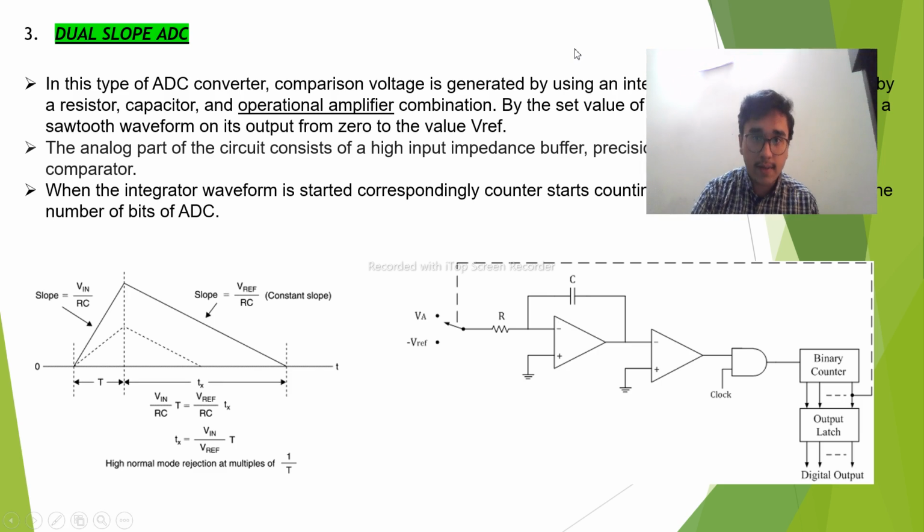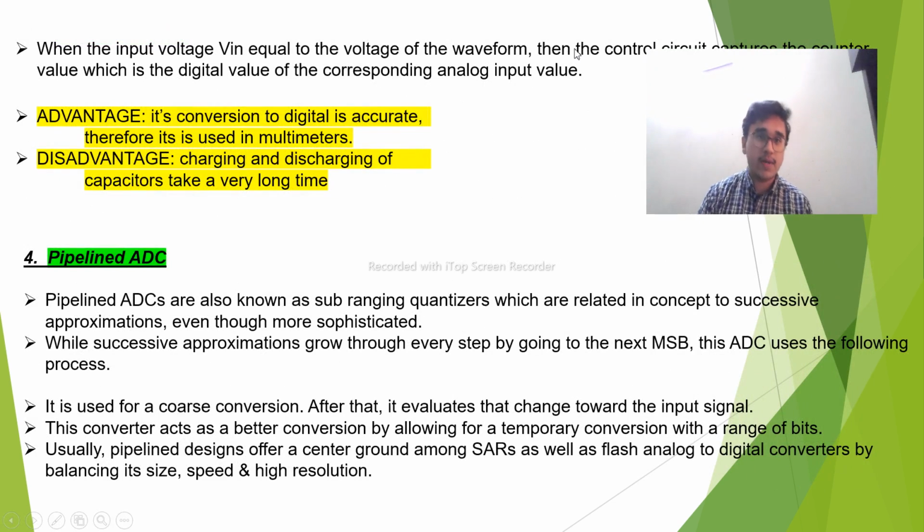So we have advantages and disadvantages here, and these are the notes for your reference. If you want, you can refer to them by pausing the video. The advantage is that it's very accurate. This type of ADC is used where accuracy is more important than speed.